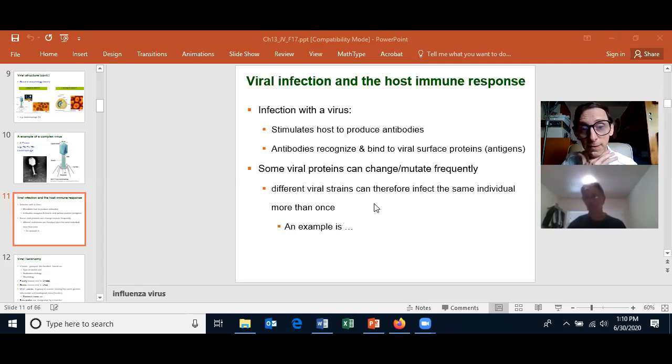An example is the human flu, and I'm afraid that COVID-19 is probably one of these viruses. We'll know more later about that. Obviously, COVID-19 hasn't been studied long enough, but it probably will change or mutate frequently.